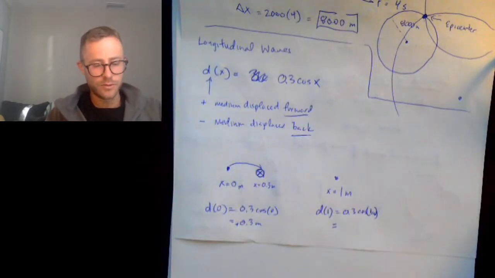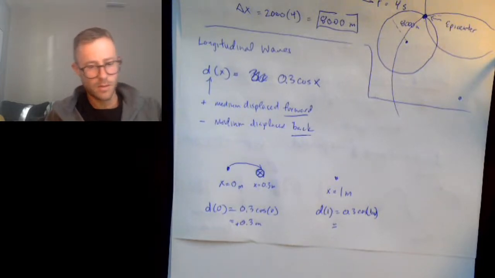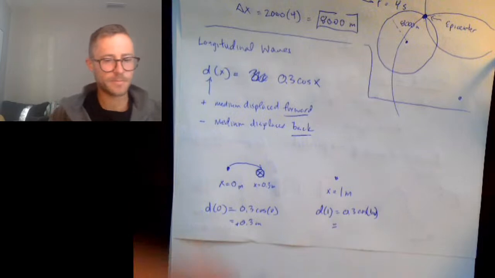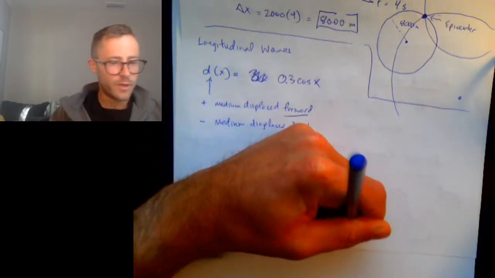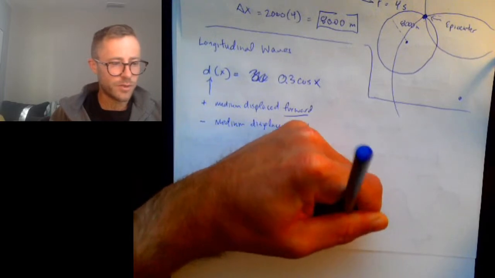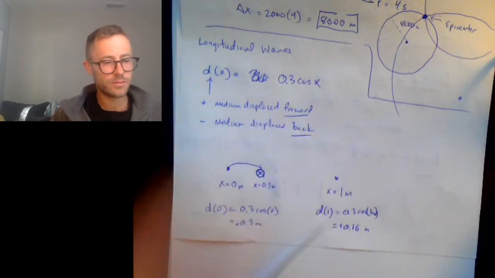So I have 0.3 times cosine of 1, and I get 0.16. So plus 0.16 meters.